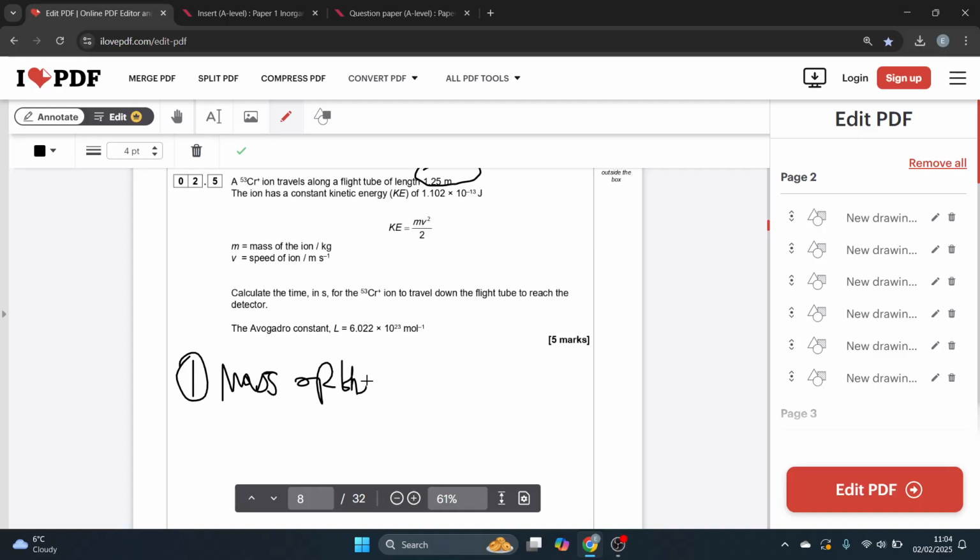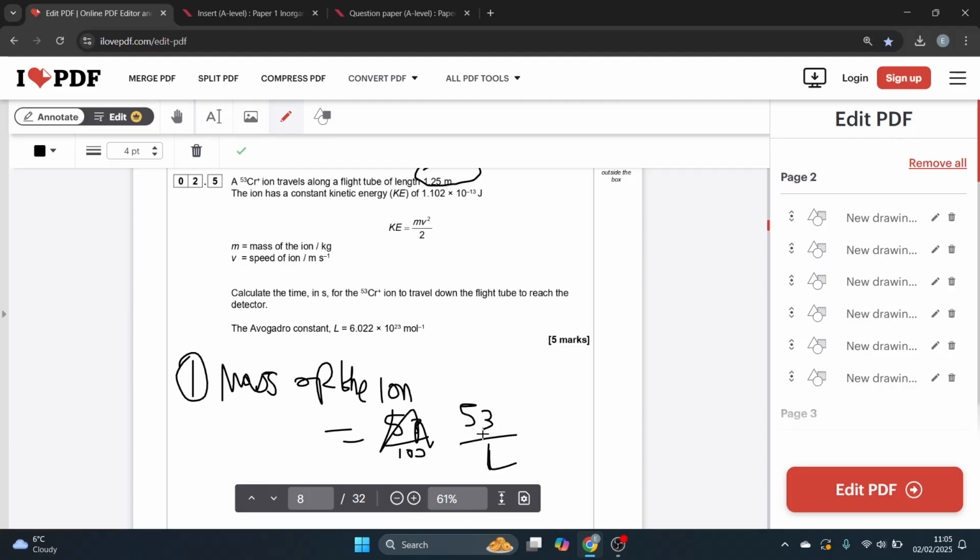It's going to be 53 divided by 1000. Actually, no, it's going to be 53 divided by Avogadro's constant, and then divided by 1000. So 53 divided by 6.022 times 10 to the power 23, then divided by 1000.